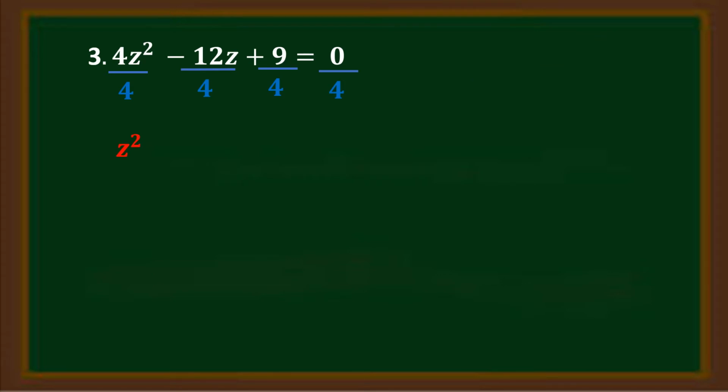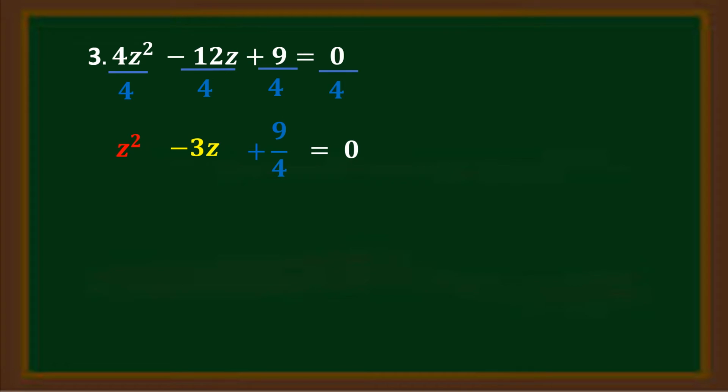Negative 12z divided by 4 is negative 3z. And 9 over 4 is still 9 over 4. Why? Because there is no other common factor of 9 and 4 aside from 1. So 9 and 4 is said to be in its simplest form. And 0 over 4 is equal to 0.